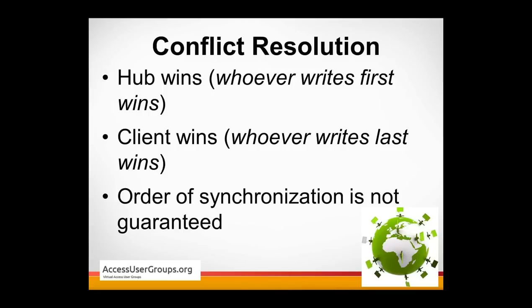If C had contacted second, they would save their changes, but the ones in A would be dropped. And B, being the last one to contact the hub, would mean the changes from C would be lost. So A and C would have lost their information because of B. But when A is the first one to contact the hub, that means the changes will be saved. Does that make sense?